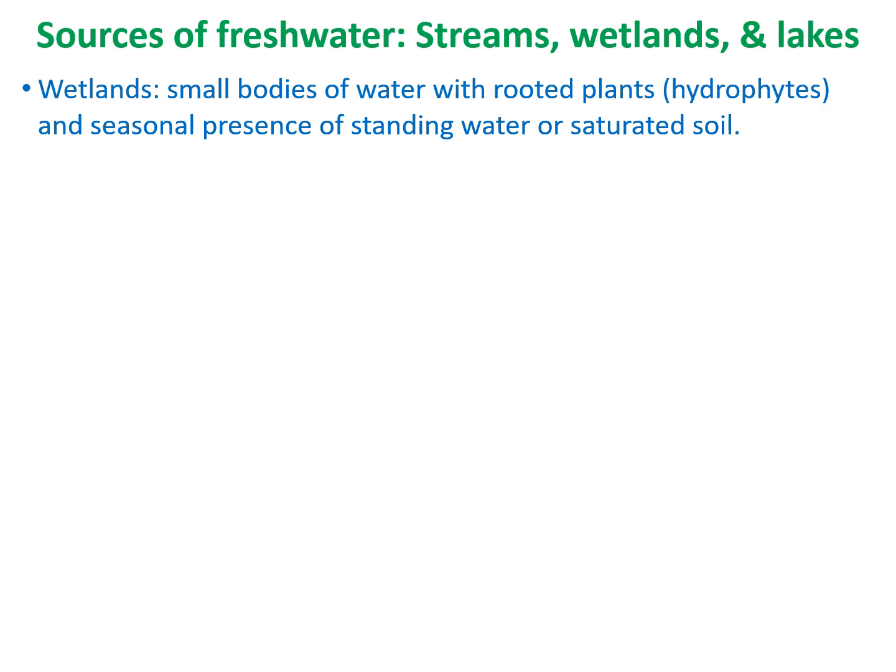Wetlands are small bodies of water that contain rooted plants, called hydrophytes. Since those hydrophytes are in constant interaction with water, they can tolerate inundation. They can tolerate water saturated soil.